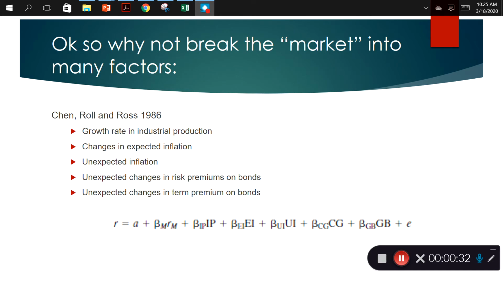That's the first thing that you're seeing in this model by Chen, Roll, and Ross, which is called the macro model. What they're trying to do is say, well, maybe we're missing parts of the market that haven't been fully priced in, and that's why when we're running CAPM regressions in general, our slope was found to be too flat. So let's see if we can include those.